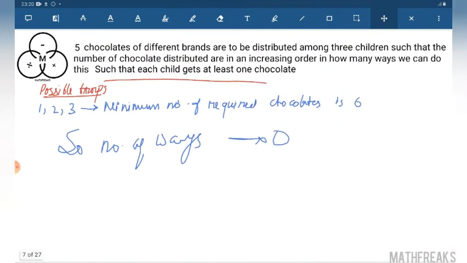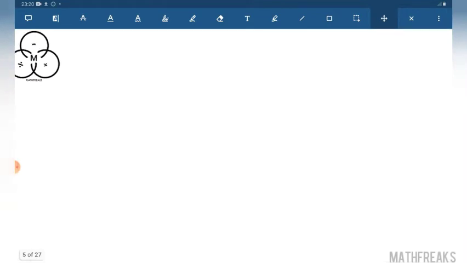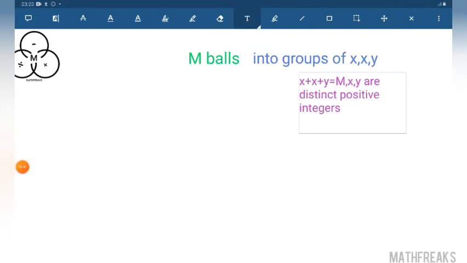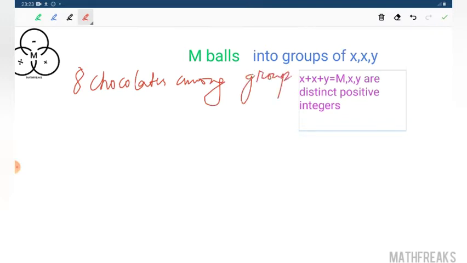Now there is an important part. The same idea applies to m balls into groups of x, x, y. That is, now two groups are similar, that is 8 chocolates among groups of 2, 2, 4.